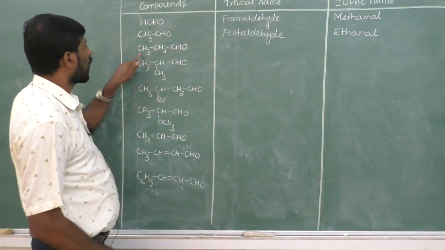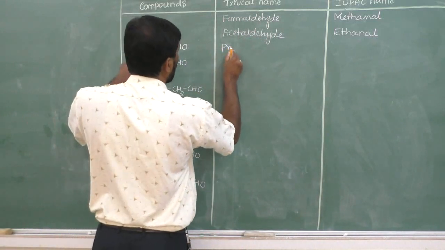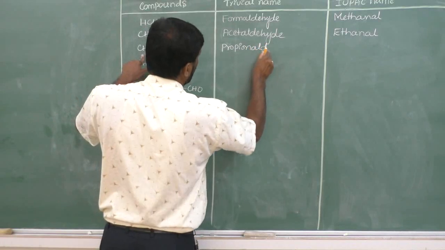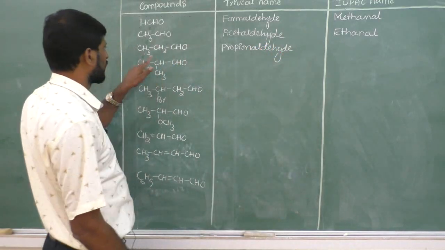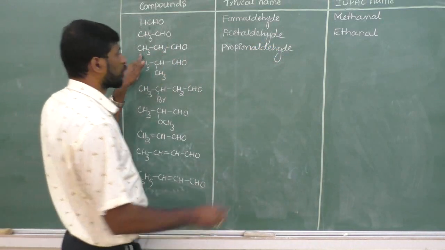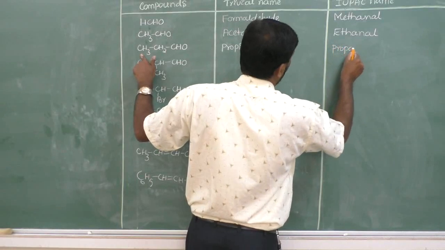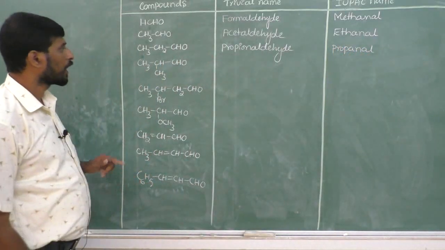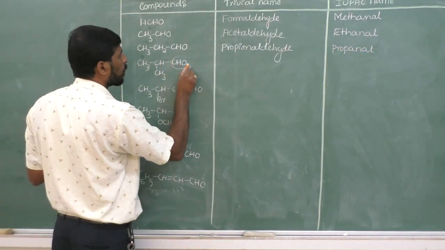It is propionic acid. Therefore, it is propionaldehyde. So, three carbon atoms, and the IUPAC name is propanal. Now, observe this. This is the functional group.